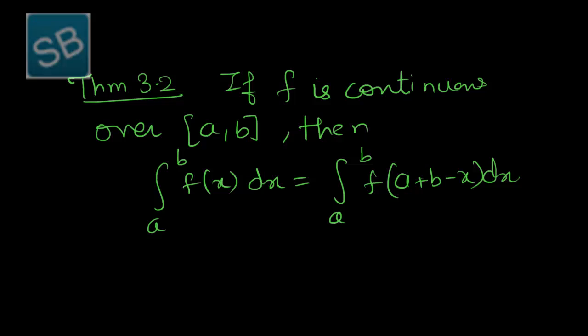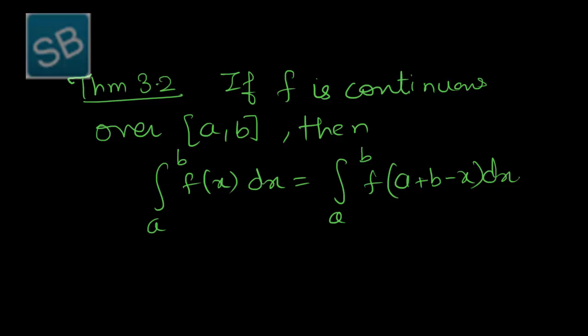If we see, this is also in the form of theorem 3.1. As we put a = 0 and b = a here, we will get the same result as we get in theorem 3.1.